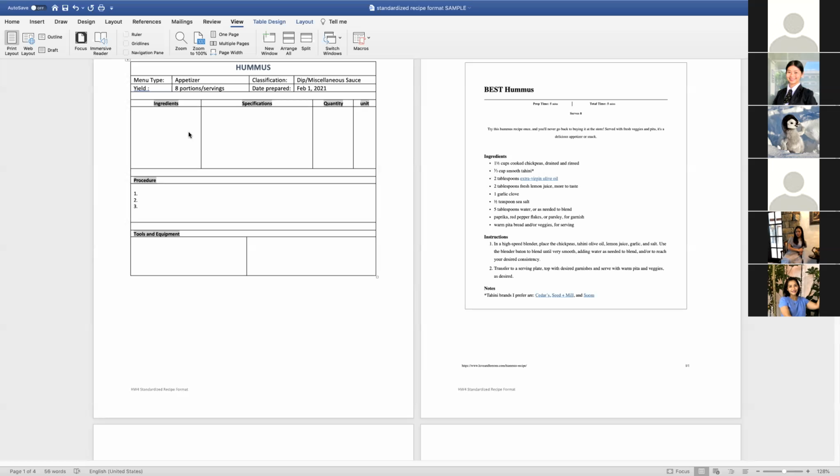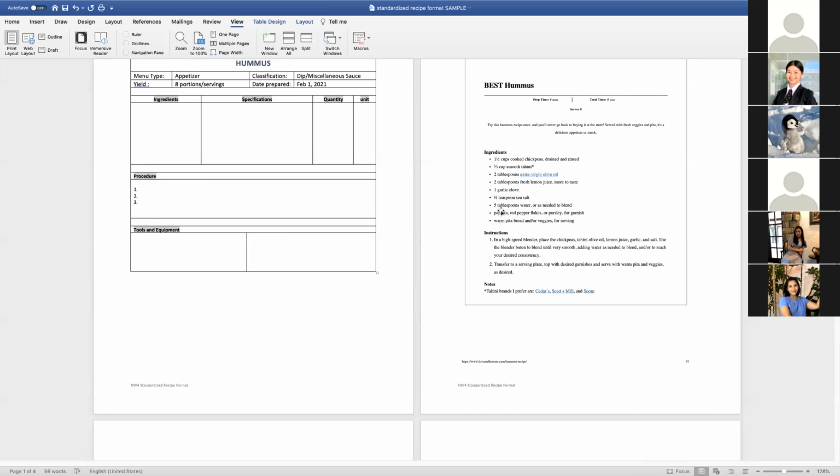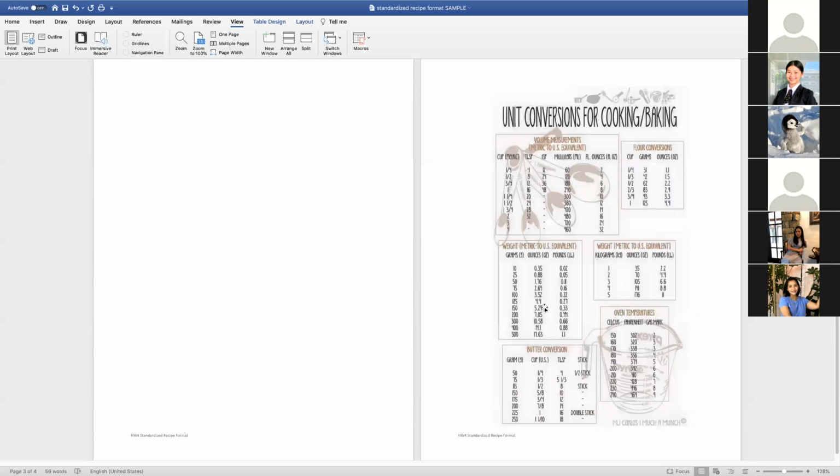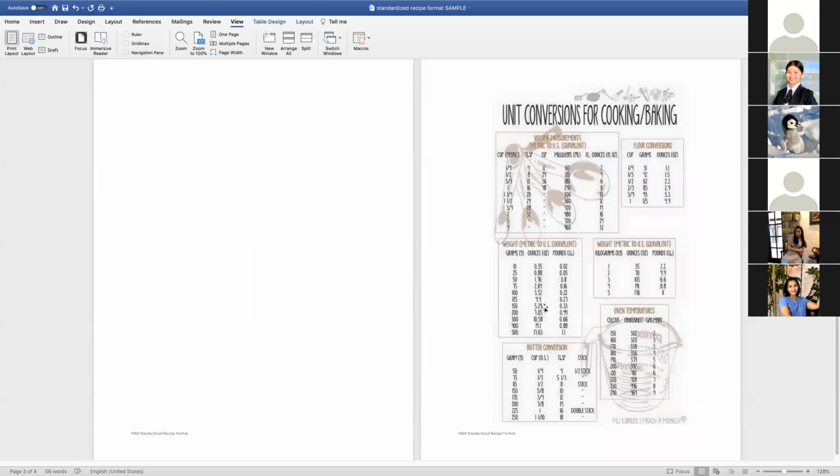So in this case, you have to convert the quantities of the recipe. It says here 1.5 cups of cooked chickpeas. Let me check the grams here.